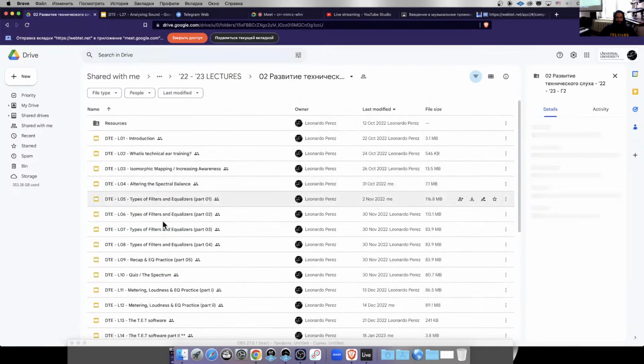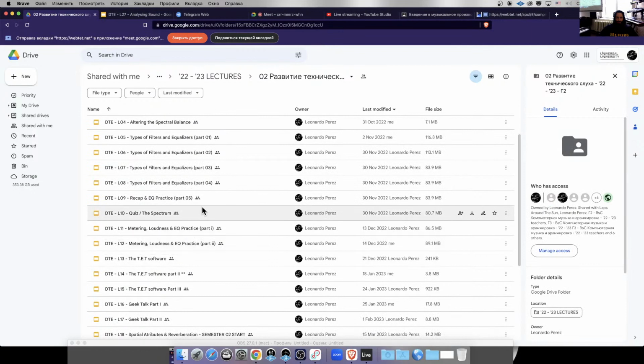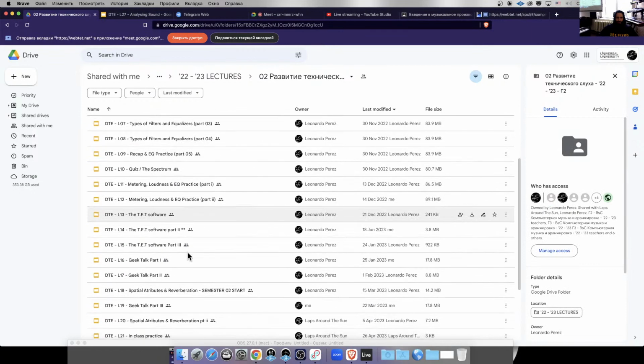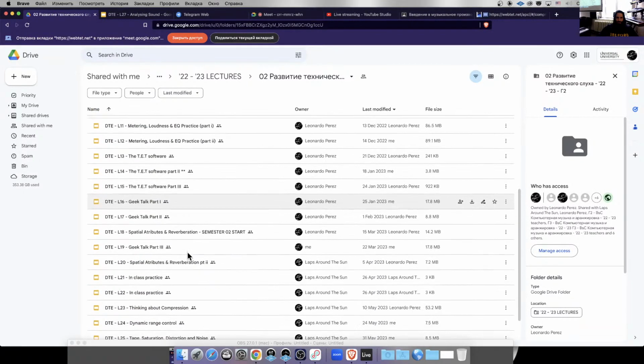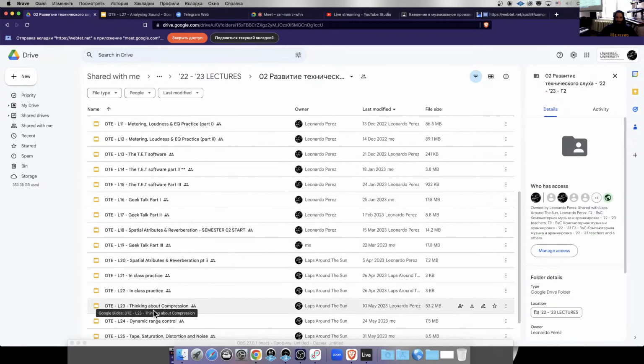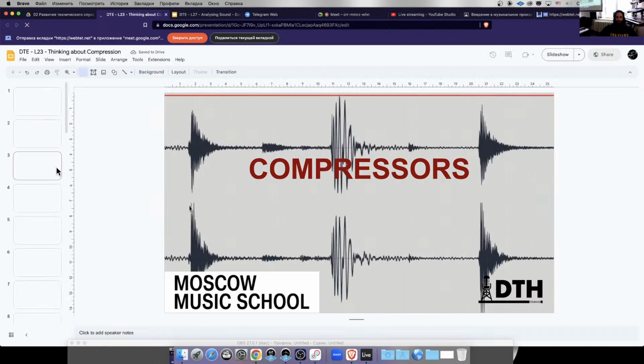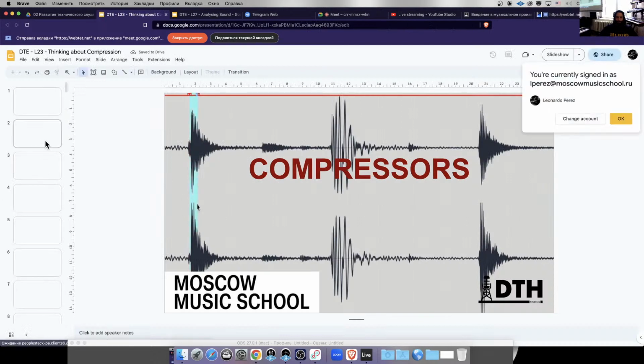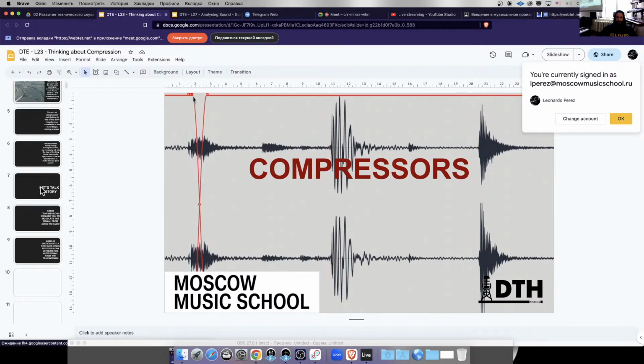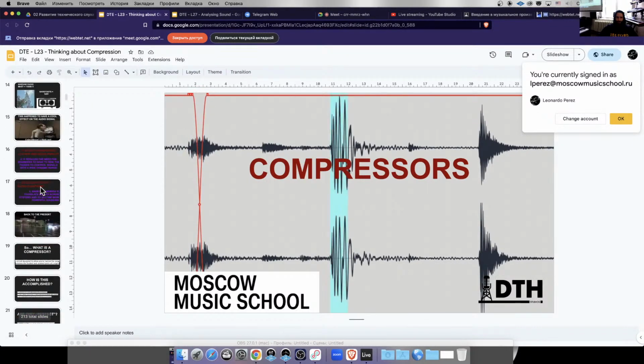There is a lecture called Geek Talk in class practice, thinking about compression. It is lecture 23, and inside lecture 23 there is a slide that is useful to visualize the attack and the release and what they're doing.